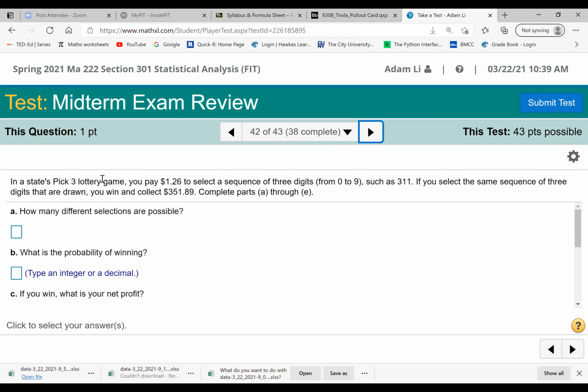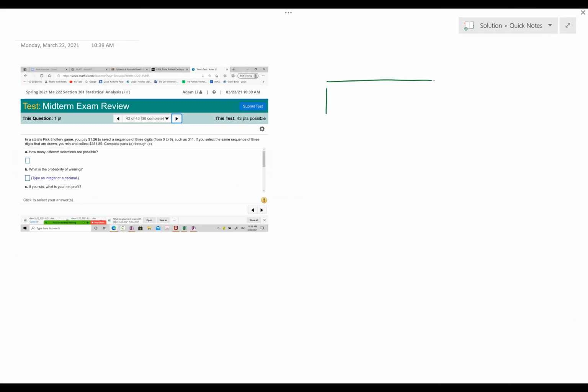So in the state Pick 3 lottery game, you pay $1.26 to select a sequence of 3 digits from 0 to 9. First of all, you need to know the sequence of 3 digits. What this tells us is there are 1,000 possible numbers. The way we calculate that is 3 digits: first digit, second digit, third digit.